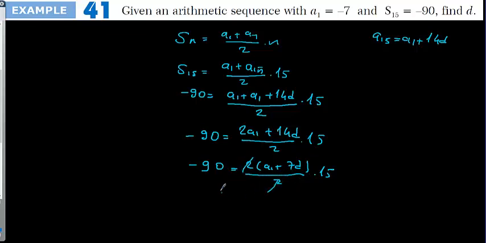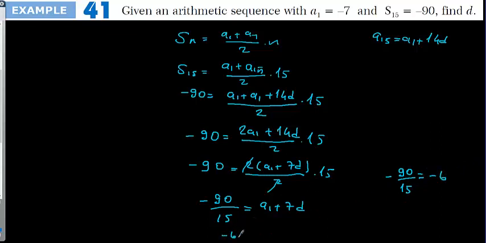So here I can get minus 90 over 15 is equal to A1 plus 7D. We know that minus 90 over 15 is equal to minus 6.